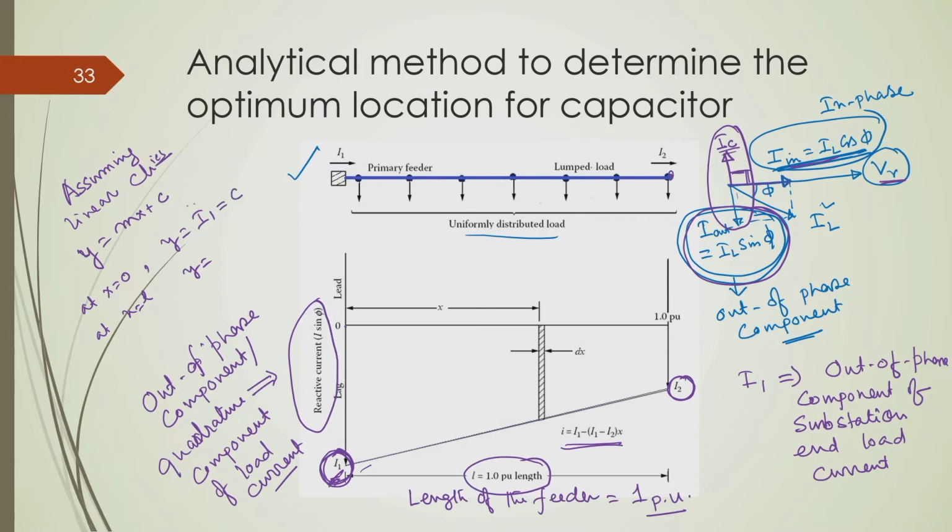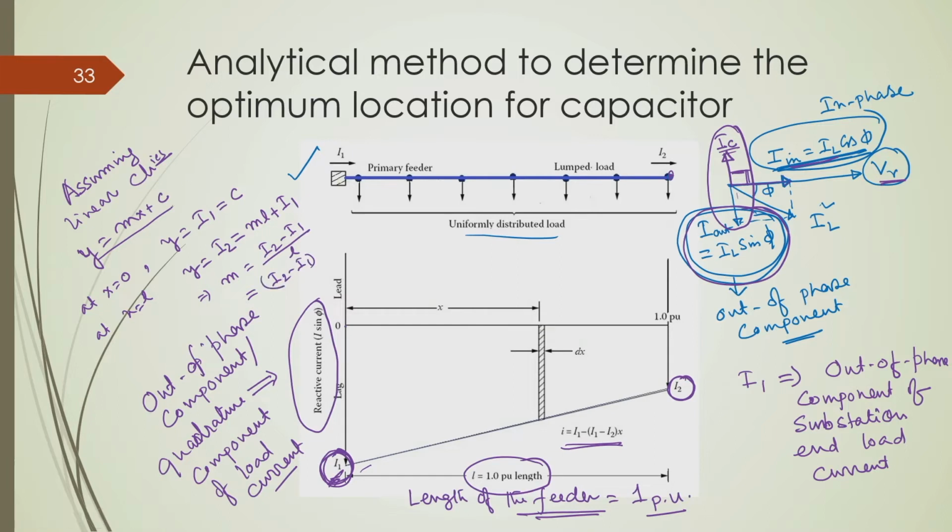So, at x equals 0, y equals c, which is equal to I1. So, c is equal to I1, and at x equals L, y is equal to I2, so m L plus c is equal to I2. So, m is equal to (I2 minus I1) by L. Here we consider L equal to 1 per unit, so it is equal to I2 minus I1, that is it.